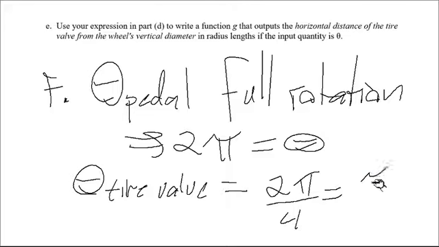That would tell us that it would take pi over 2 radians of spin of the pedal to correspond to the wheel making a complete revolution, or the tire valve, that is, on the wheel.